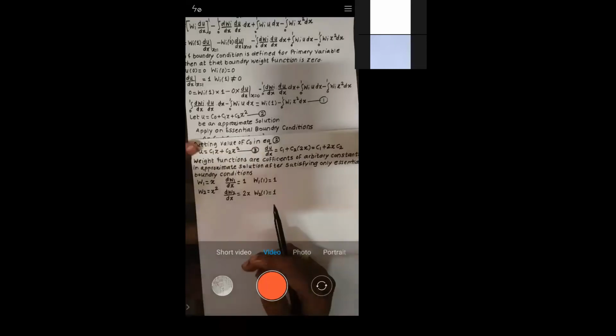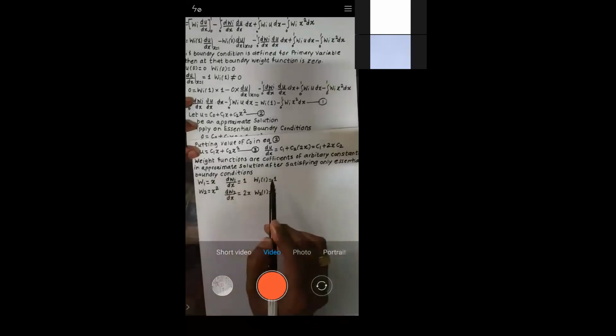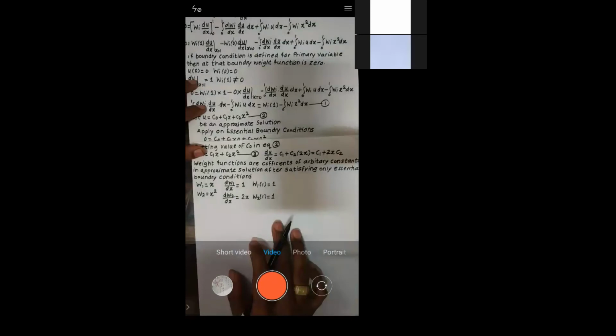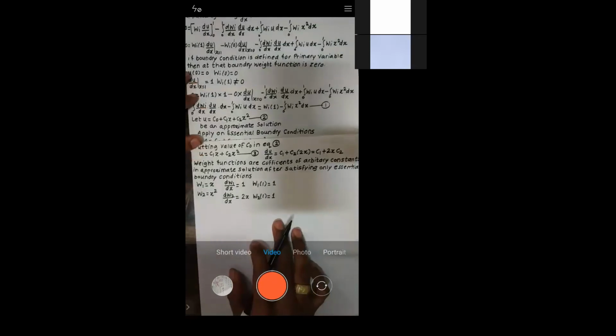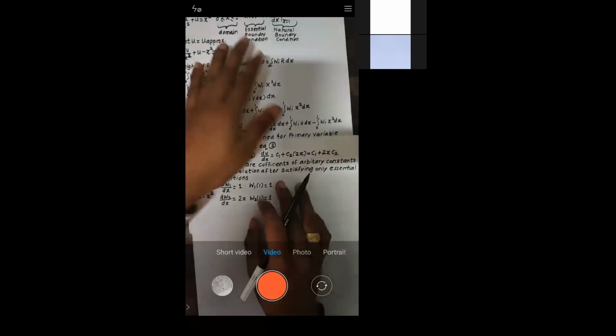If I ask you, what is the first weight function when x is equal to 2? Then this becomes 2, and w2 becomes 2 square, that is 4. But I can't ask you to calculate the value of w1 or w2 when x is equal to 2, because point number 2 is lying outside my domain.